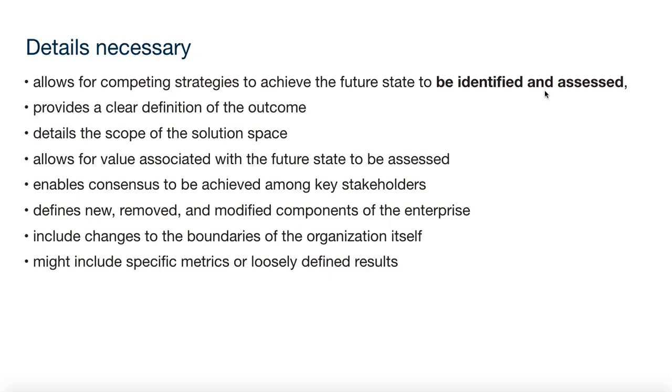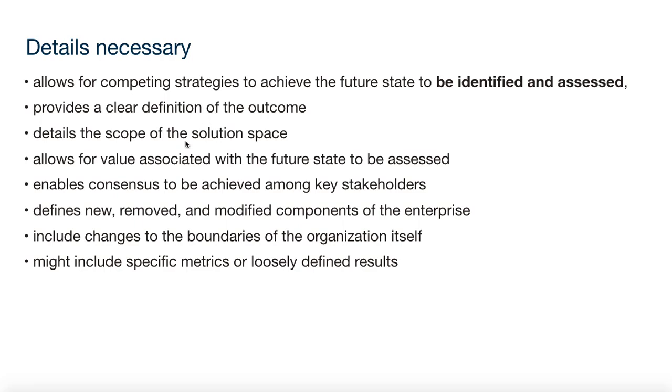To achieve a future state, there could be multiple strategies that could enable us to achieve it. So the future state should be very well defined so that we can identify which would be the right strategy to achieve that. And also, the future state should define a clear definition of the outcome. Only when we know the outcome will we be able to understand and define the right strategies.